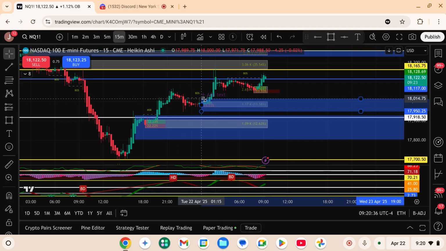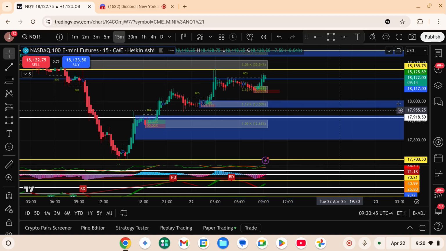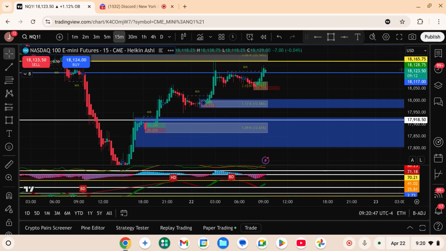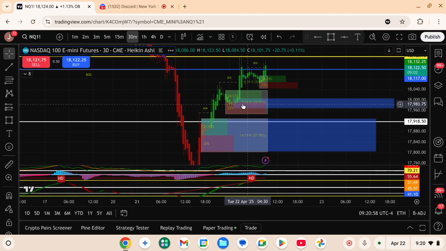Let's shorten it down to the 15. That way we're getting a more precise entry when it does come down to it. Because the smaller you make it on the smaller time frame, it'll start to give you a more precise area from the higher time frame.